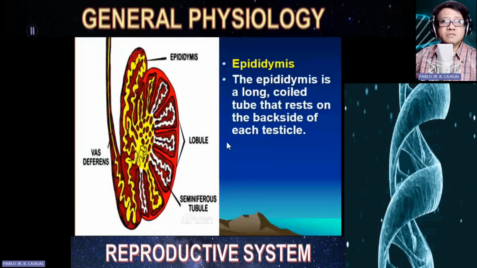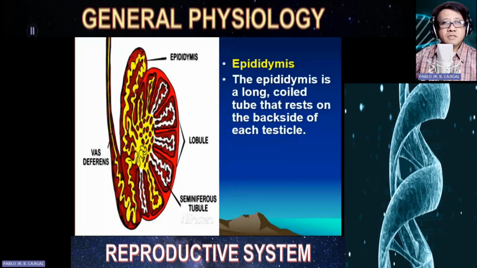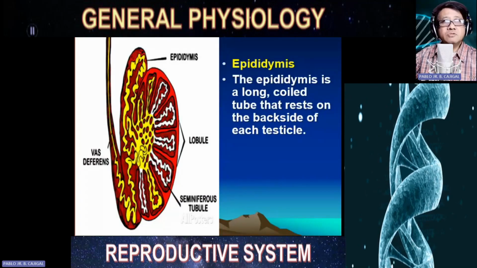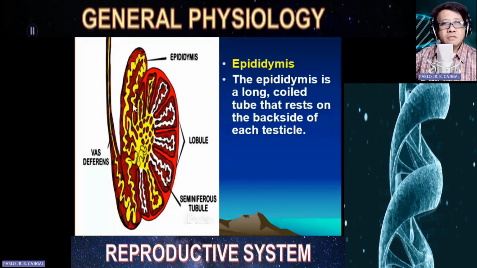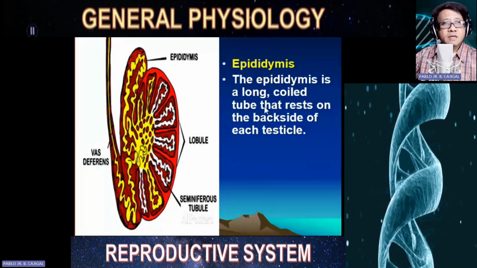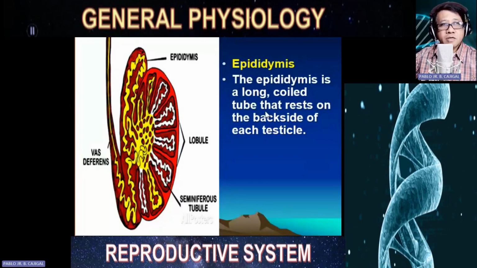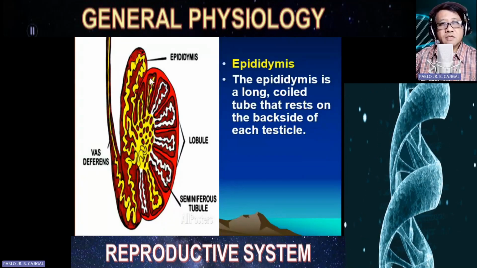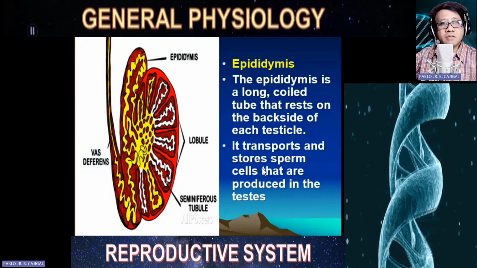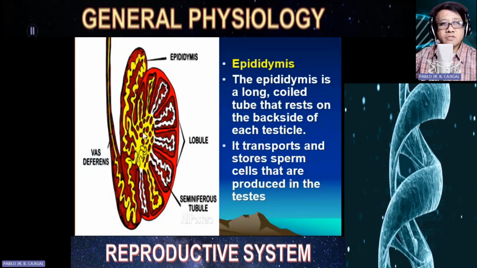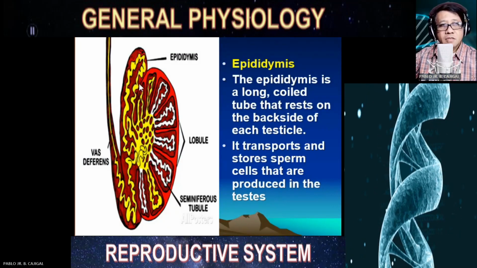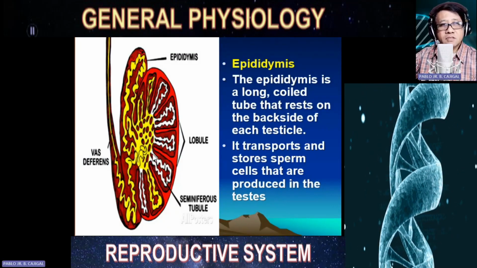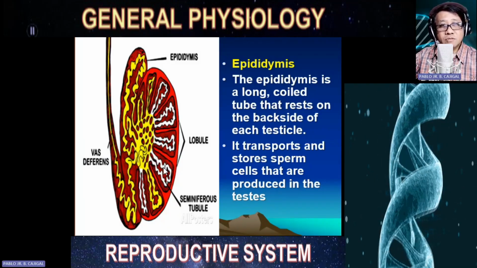Then we have the epididymis. The epididymis is the long coiled tube. Yan, ito. Yung yellow. Long coiled tube that rests on the back side of each testicle. Ang function ng epididymis is to transport and store the sperm that are produced in the seminiferous tubules.